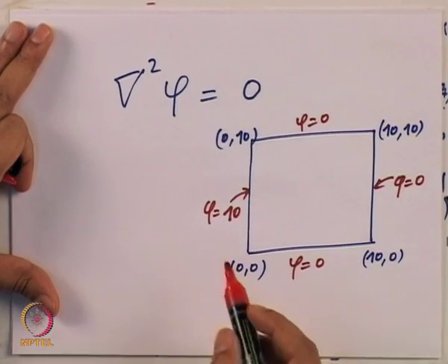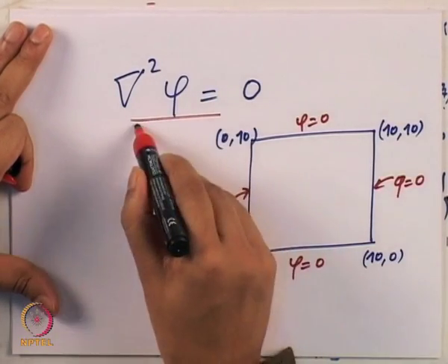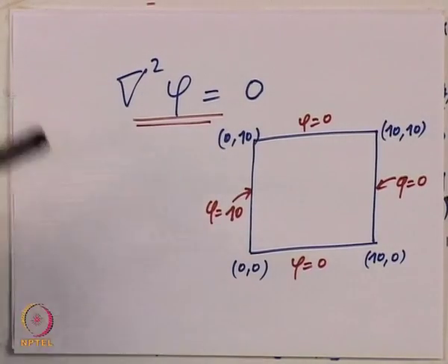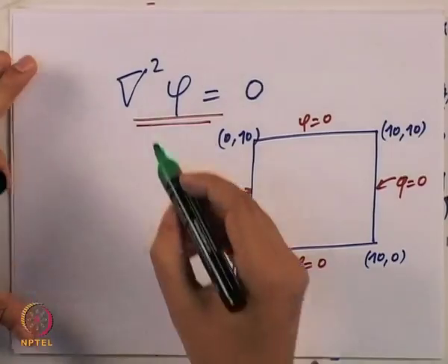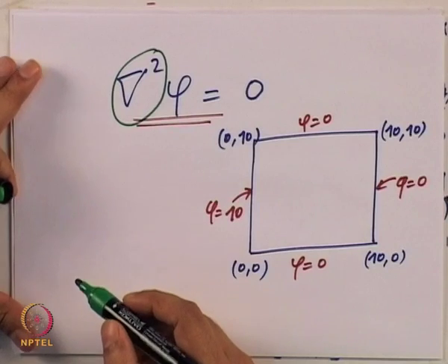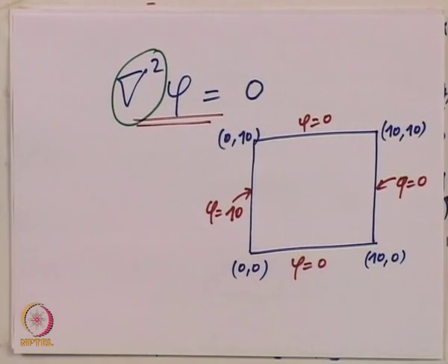So for that we have to start with this particular equation and we have to find a difference analog of this continuous del square. What we have learned in the earlier modules is we can basically use central differencing method.